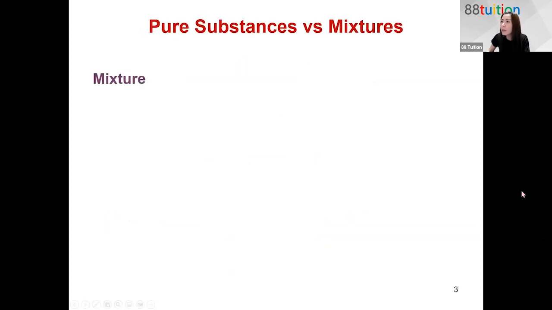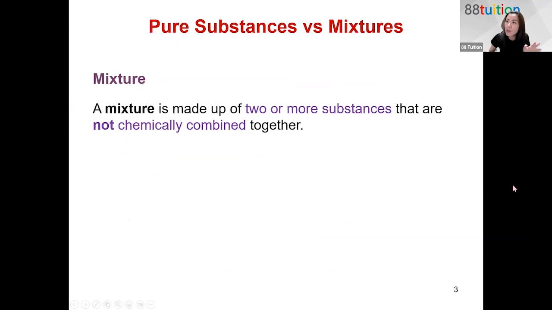Okay. Now, before I start on separation, we need to know what are mixtures. You already know what are mixtures. All of you know already. A mixture is made out of 2 or more substances that are not chemically combined together. You just simply mix them like this. Even our sugar solution and salt solution are just mixtures.